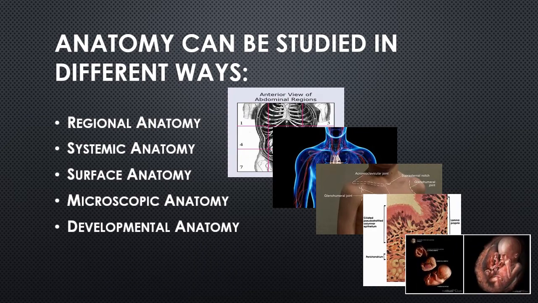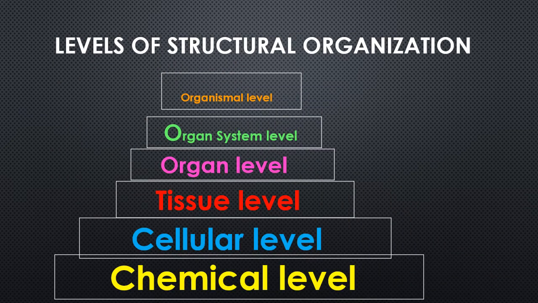And lastly is developmental anatomy. That is where we look at and analyze changes in the body from conception to full adult. So this is the levels of structural organization, a pyramid of stair steps, if you will. And it should look familiar to you because it is in basic biology. If we're talking about high school, we're talking about university.